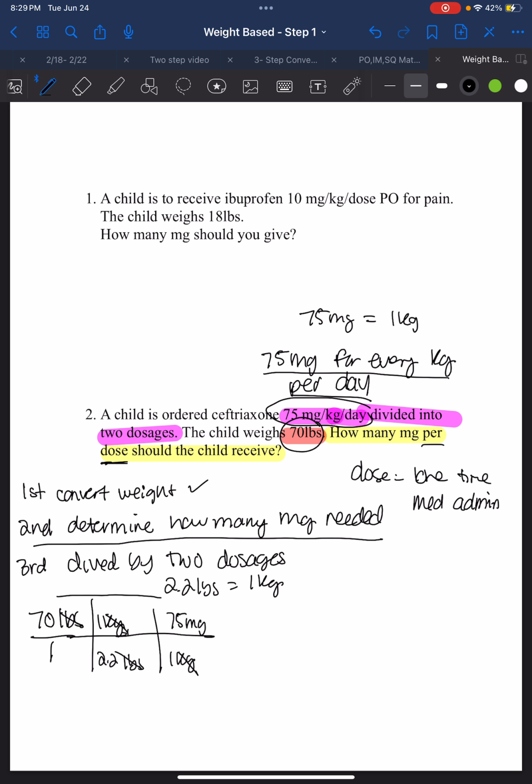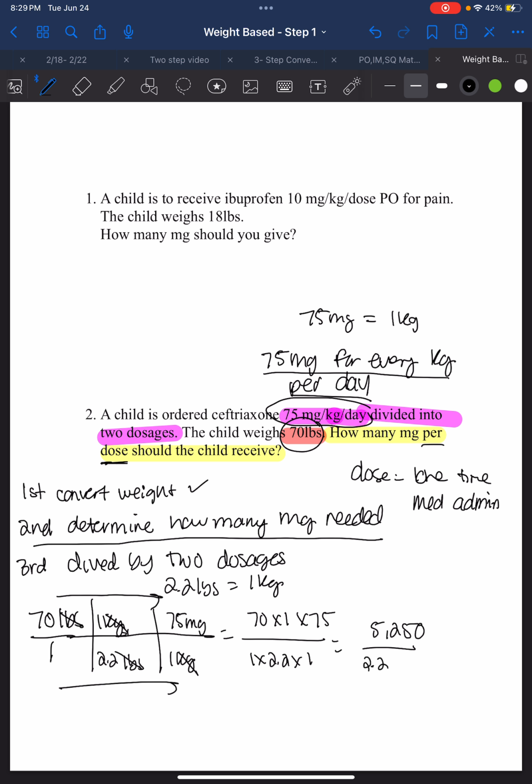So we're going to cross multiply this as we usually would, which is going to give us 70 times 1 times 75 over 1 times 2.2 times 1. When I put this in my calculator, the top is going to be 5,250 over 2.2.